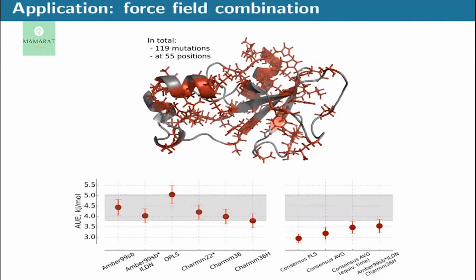And actually we noticed that even combining the results from only two force fields, our best Amber version and CHARMM version, once combined we would get a better agreement with experiment than when using any of the single force fields.